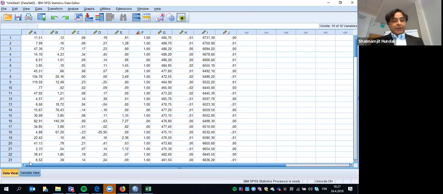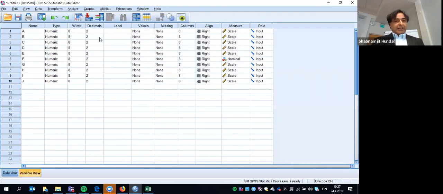Okay? So what I do here, I change the decimal spaces. Of course I can increase 3, 4, 5. I think 5 is enough for everything. So I can manually change the decimal places. 3, 4, 5. 5 is okay.